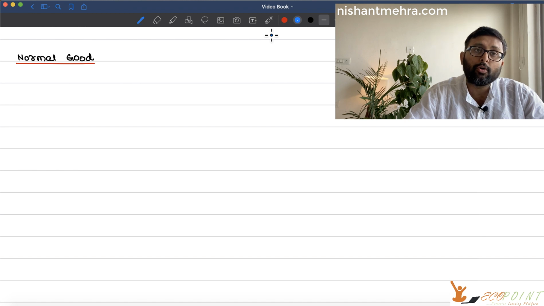Normal good. What is a normal good? A normal good is the one where when income increases, demand for such a good will increase. When income falls, demand for such a good will fall. That is a normal good.